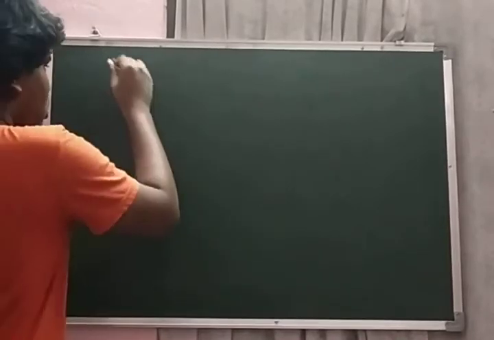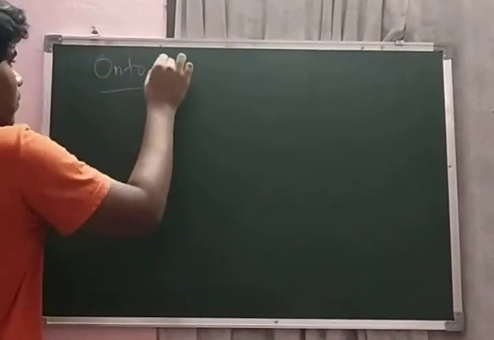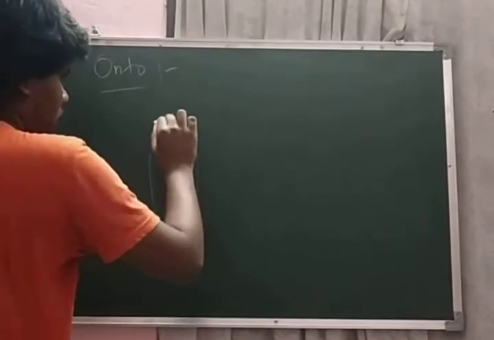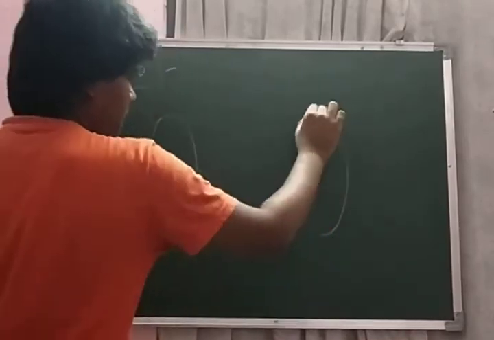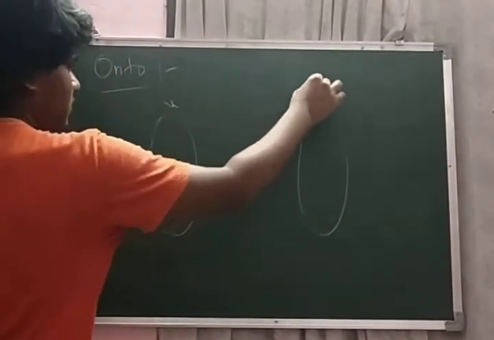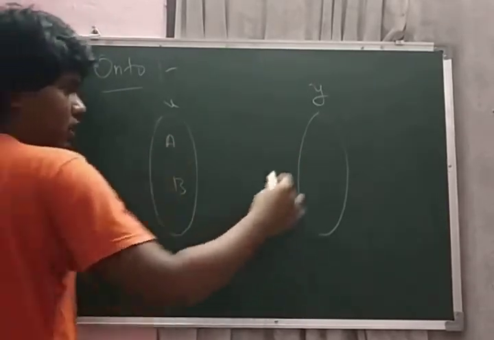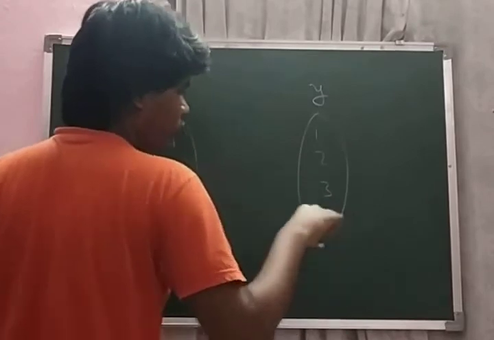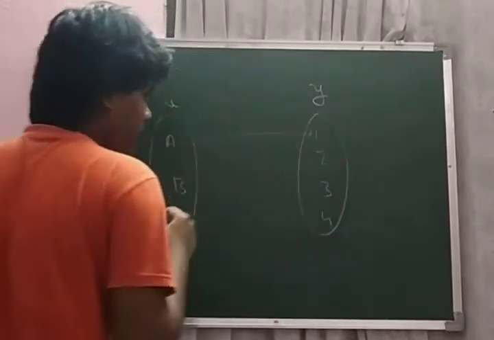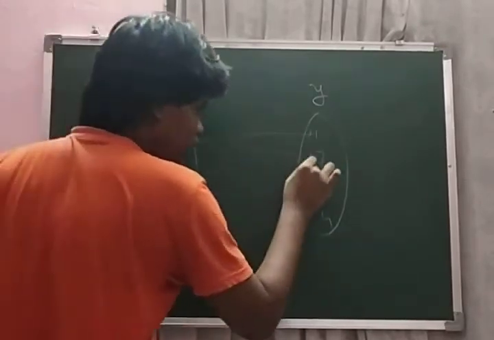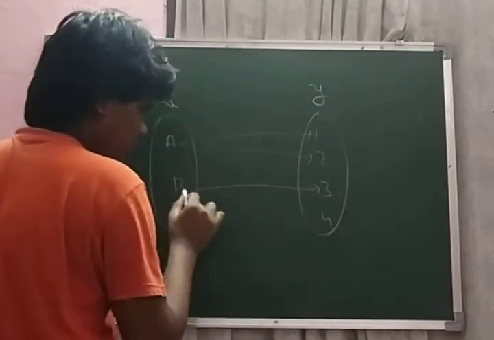And next, the onto function. Here two sets are there, x and y. Here only 2 terms A, B are there, and 1, 2, 3, 4. A matches with 1 and also 2. In the same way, B with 3 and 4.